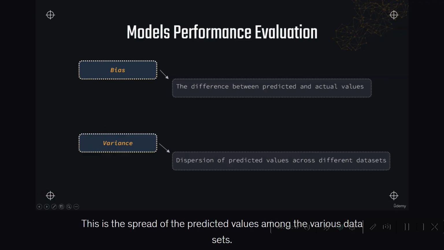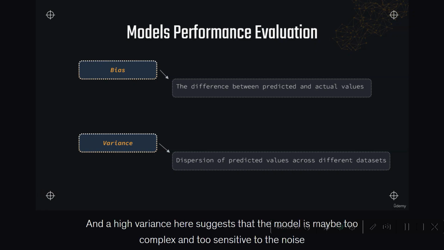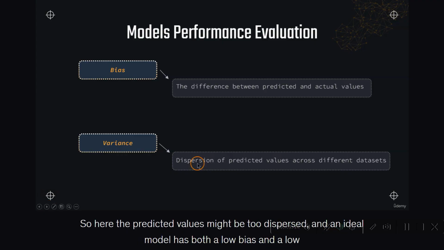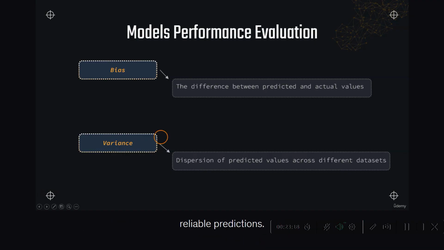This is the spread of the predicted values among the various data sets. So how dispersed is it? A high variance suggests that the model is maybe too complex and too sensitive to the noise in the training data. Here the predicted values might be too dispersed. An ideal model has both a low bias and a low variance. Like this, it can accurately capture the true relationship and provide consistent and reliable predictions.